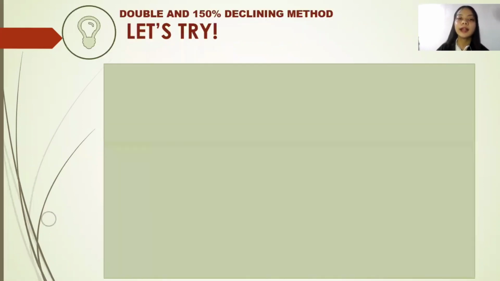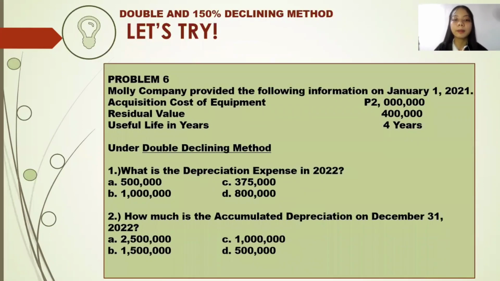Magsagot tayo para lalo nating maintindihan. Molly Company provided the following information on January 1, 2021: acquisition cost of equipment, 2 million; residual value, 400,000; useful life, 4 years. Under double declining, what is the depreciation expense in 2022?